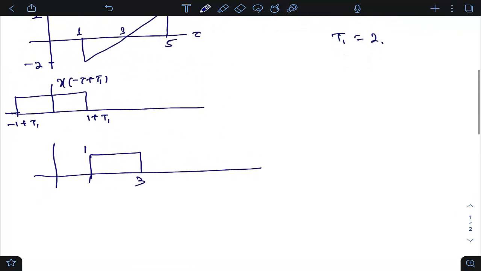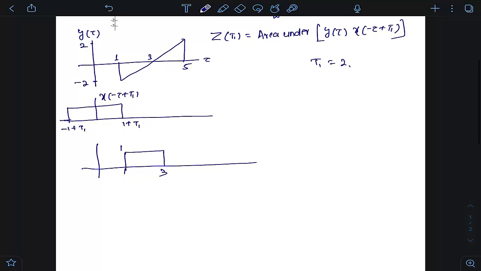Now if you multiply these two waveforms, you are going to get this waveform, because anything multiplied by 1 is itself. So the answer will be the area of this function. This will be some negative answer because the amplitude is negative.